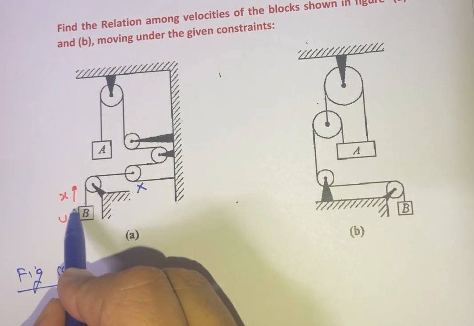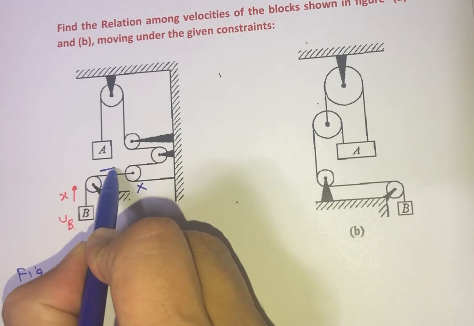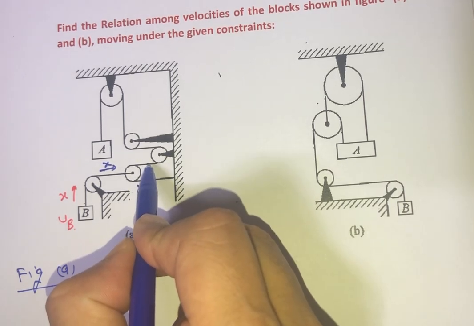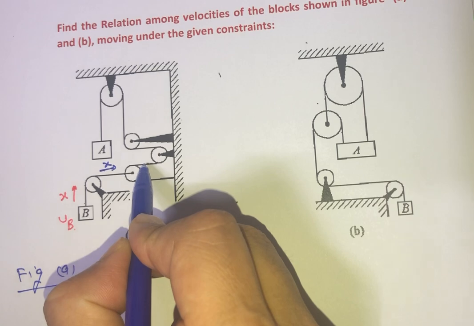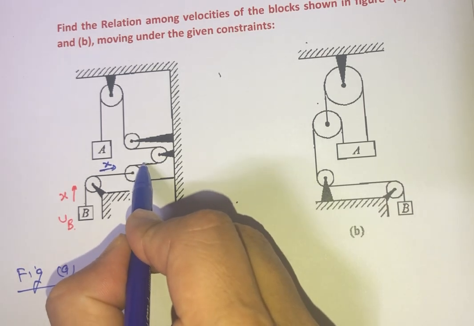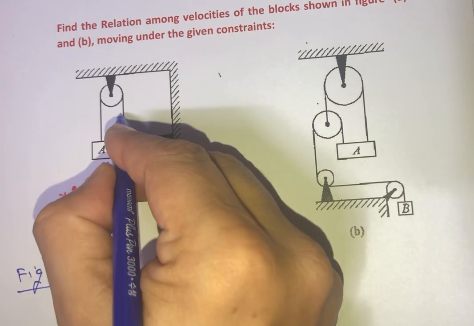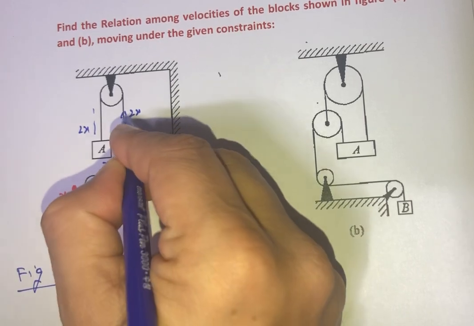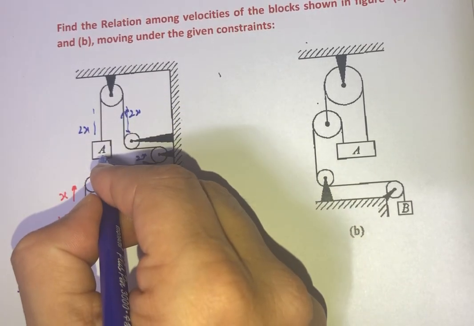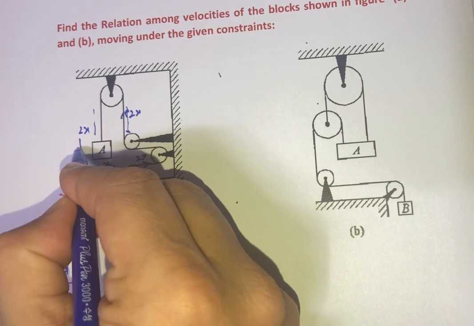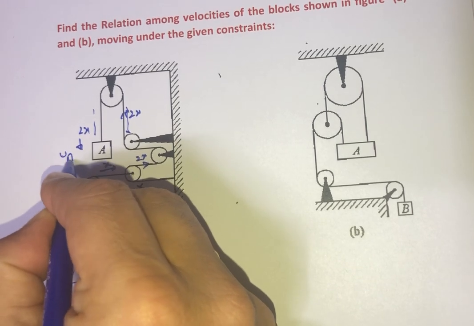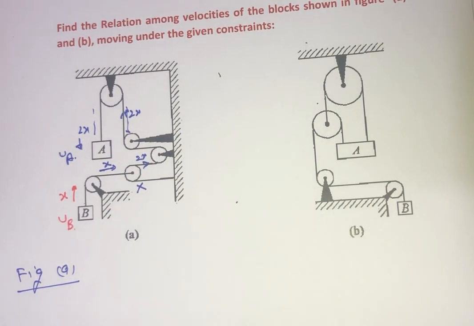Because of x distance being moved, so this will be also x, and ultimately because of pulley x we are going to get a slack of 2x in this direction, and ultimately this entire thing will be 2x. So it means mass A will be moving in downward direction by a distance 2x, and let us say its velocity is VA, and we are going to find out what will be the relationship between VB and VA.